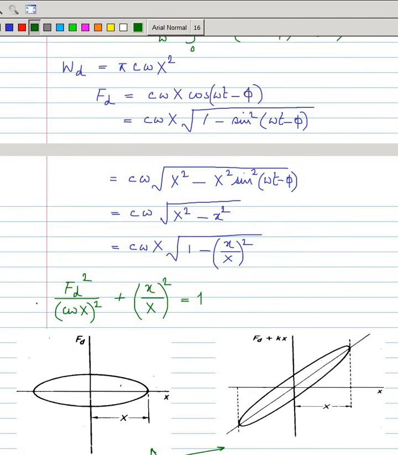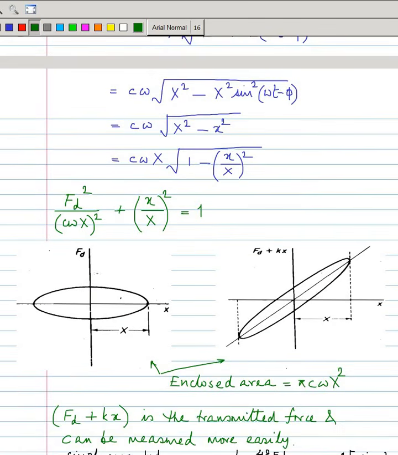That means this is the equation of an ellipse if you plot Fd along this axis and x along this axis. So Fd goes up to c omega x, this point is obviously c omega x, and x goes up to x. Another way of expressing this graph is, in place of Fd you just plot Fd plus k into x.